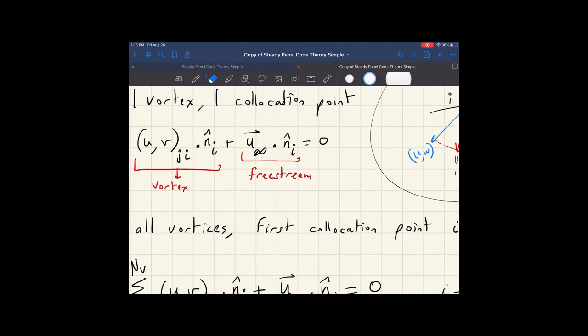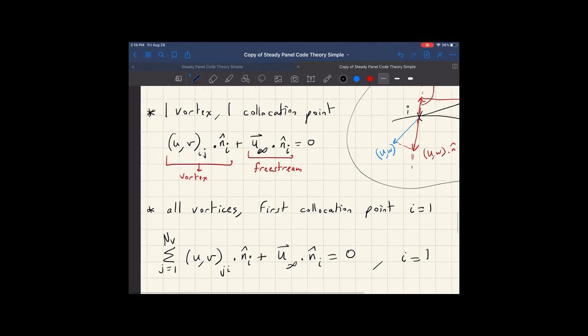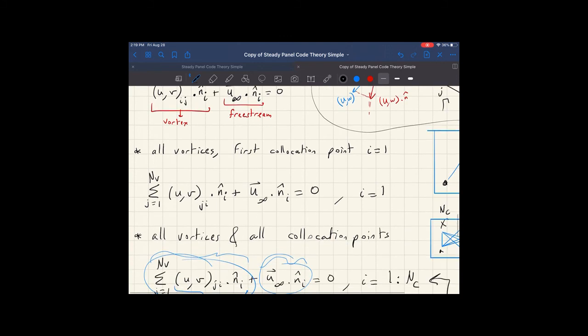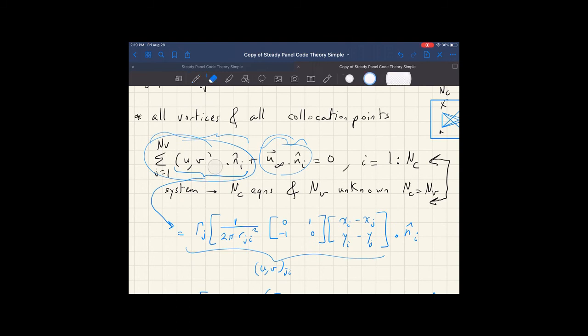Before we continue, let me correct some mistakes I've made here. The correct indices are ij and not ji. So i corresponds to the collocation point and j corresponds to the bound vortex. So let me change all of them in here. Let's see if there's anything else. I just simply flipped the indices, and it'll be apparent later why that should not be done.